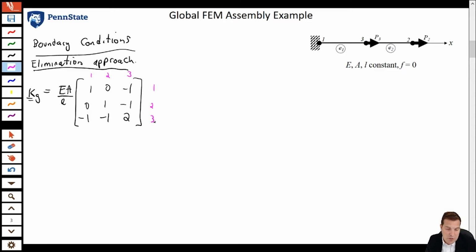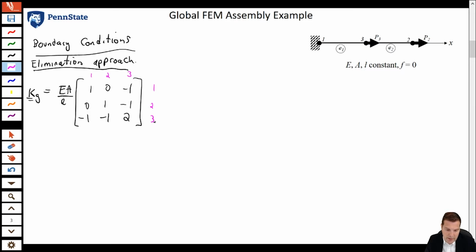And the question is, how do we handle the boundary condition? What boundary conditions do we have? Well, here the boundary conditions are typically the displacement type where we're doing this approach. And so in our case, we have node 1 is constrained in the x. And so what we do in the elimination approach is very simple.